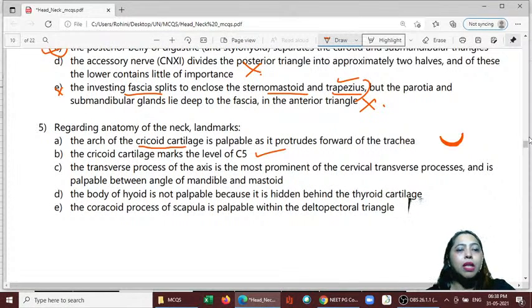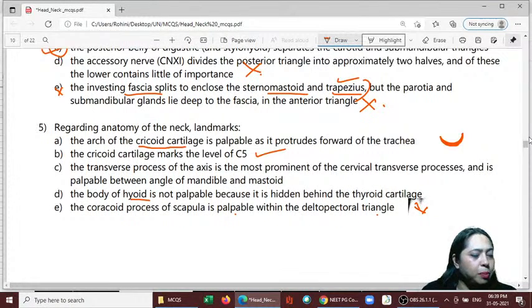The cricoid cartilage marks the level C5. Is it correct? The transverse process of the axis is most prominent of the cervical transverse processes and is palpable between angle of the mandible and mastoid process. Is this the correct statement? So many landmarks are there. The body of the hyoid is not palpable because it is hidden behind the thyroid cartilage. Is this correct? Hyoid bone is higher and thyroid cartilage is lower. Coracoid process of the scapula is palpable within the deltopectoral triangle.